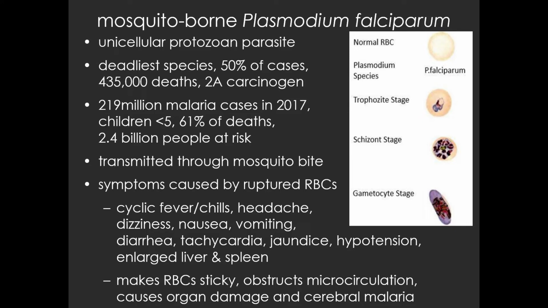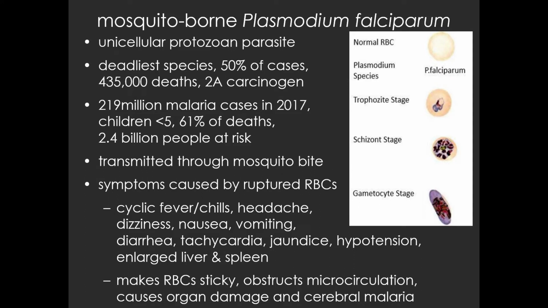You can see here the multiple stages of P. falciparum inside of the red blood cell where it lives as an obligate intracellular parasite. And the symptoms of malaria are actually caused because as this P. falciparum grows, it ultimately bursts the red blood cells, and that's what causes the symptoms. So you'll get these cyclic fever and chill episodes anywhere from every 6 hours to every 24 hours, depending on the species of Plasmodium you've been infected with and how well your immune system is combating it.